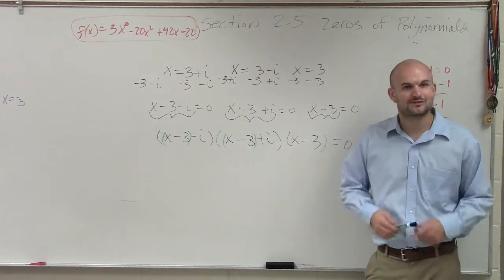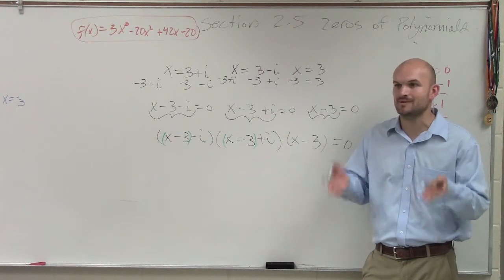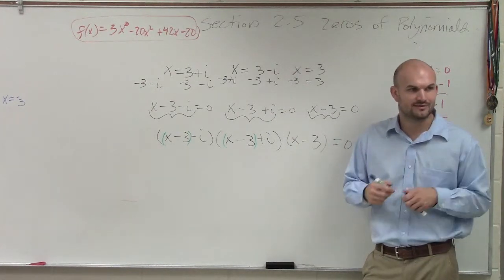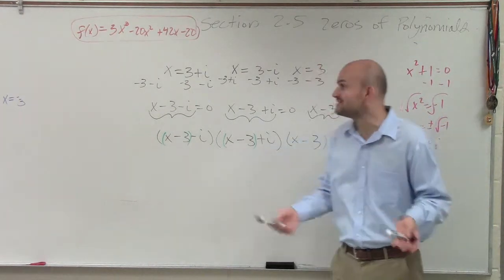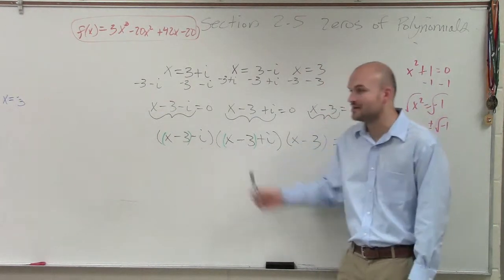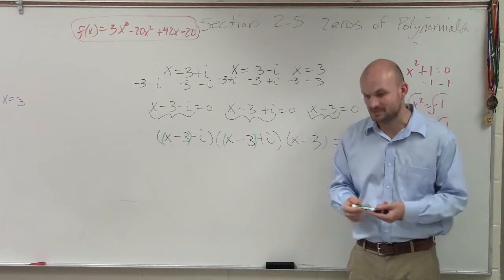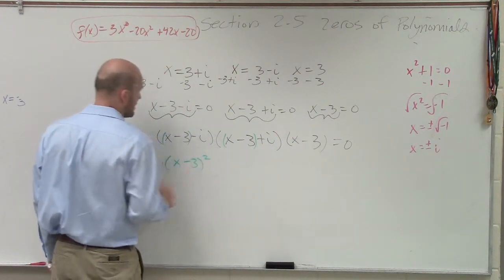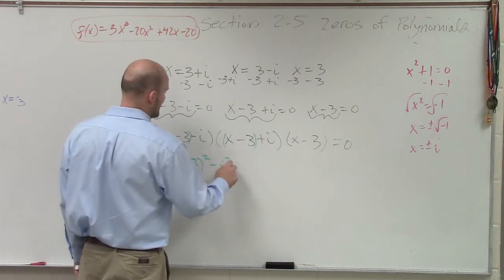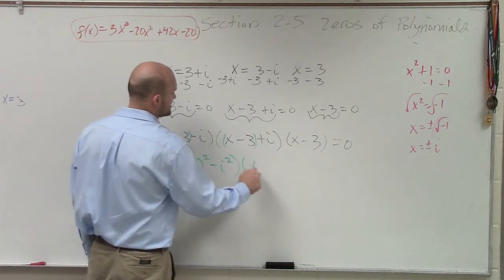So what factoring technique do we know when the first terms are the same, the last terms are the same, and they're alternating adding and subtracting? Difference of 2 squares. So guess what? When I have difference of 2 squares, I just multiply the first 2 terms and multiply the last 2 terms, because I know that the middle terms add up to 0. So all I'm going to have here is x minus 3 squared minus i squared, and that's going to be times x minus 3.